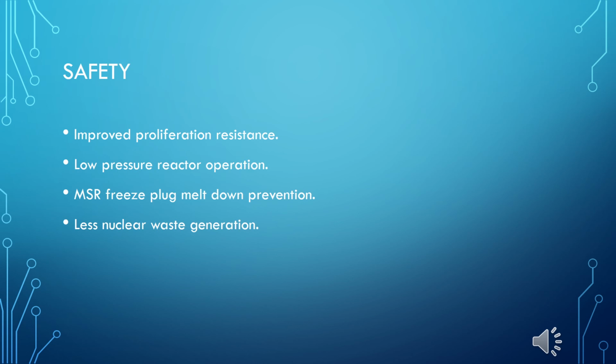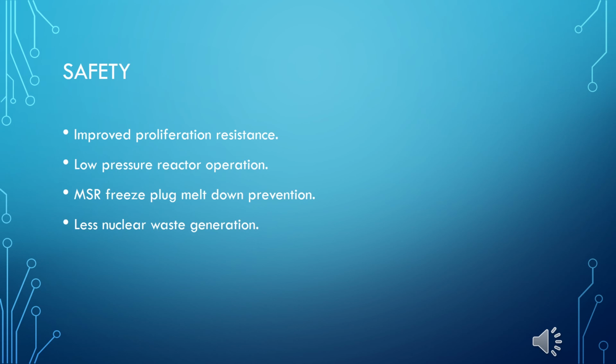And also with molten salt reactors, there's a possibility that you could have a freeze plug meltdown prevention. If you approach a meltdown situation, say a loss of power or a natural disaster, and you can't get power to maintain the reactor operation, this freeze plug, if not maintained frozen, will melt and allow the liquid fuel to drain out of the reactor.